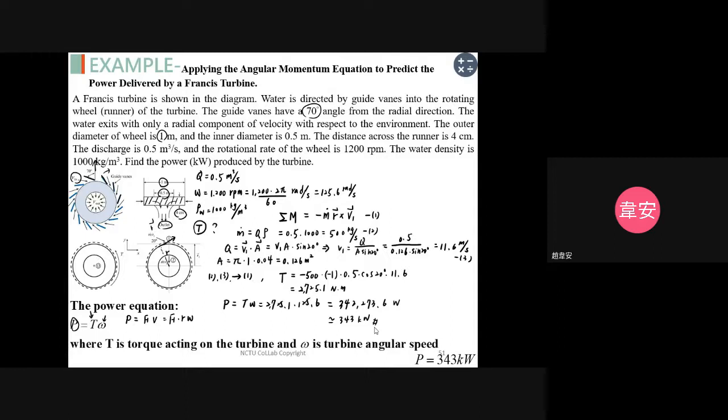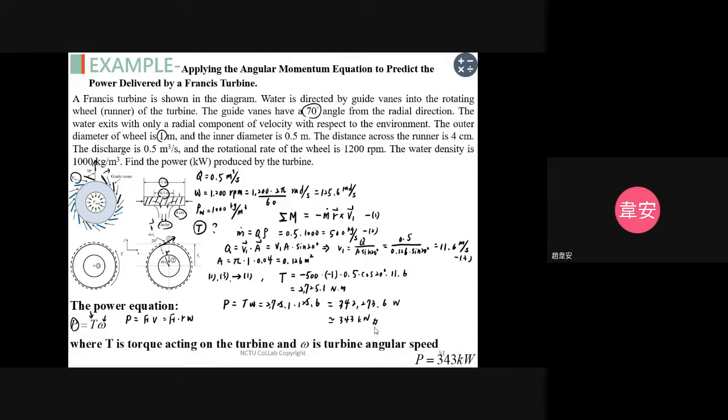Because the problem is related to rotation problems, and this is the very famous hydraulic power generator. If we can find the solution for the moment of the system, and we know the angular speed omega, we can estimate how large the power generated by this system is.